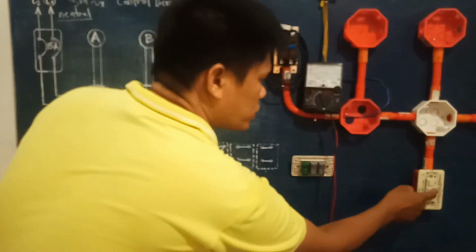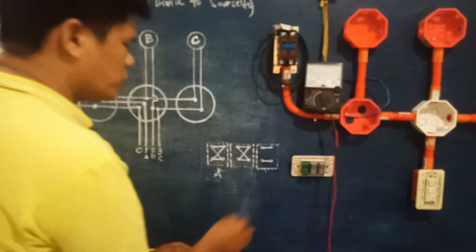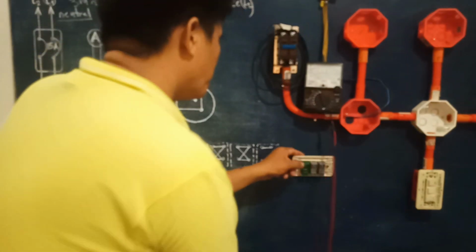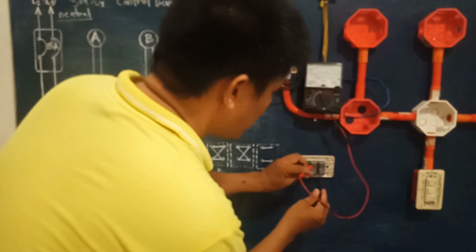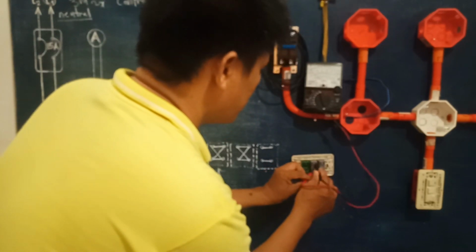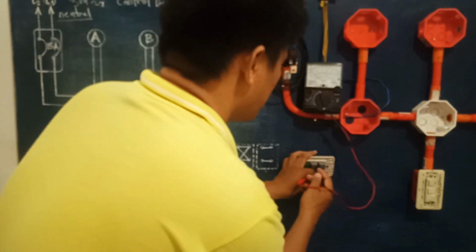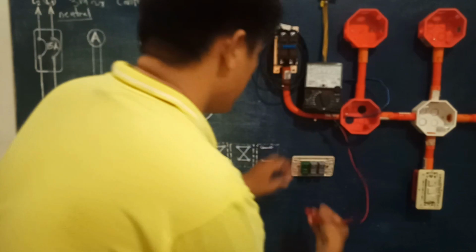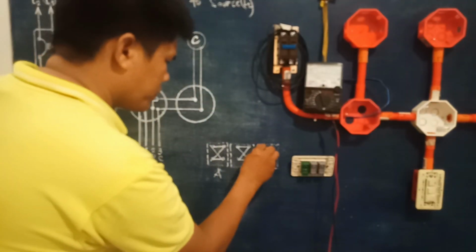The other side, switch on again. So one automatically closes the other. Then we will check the continuity. There should be. Right? The other side, there is also. Alright.